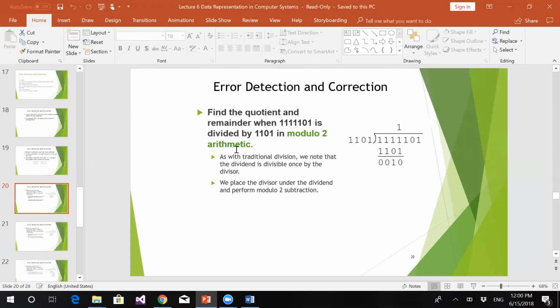For error detection and correction using the cyclic code, we need to learn this way for dividing. The dividing in modular 2 arithmetic is like this. We first write a number here, and then write the divider here. So we write the original number like this, and then the number to be divided being here.